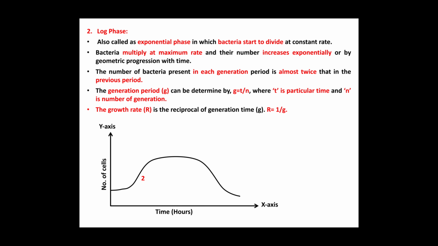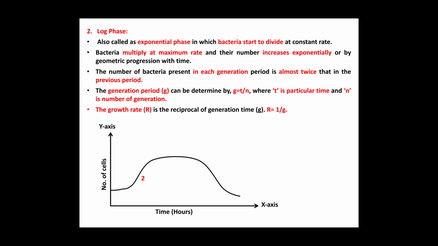The next phase is the log phase. The log phase is also called the exponential phase, in which bacteria start to divide. Now the lag phase is over and the log phase has started. Bacteria multiply at maximum rate and their number increases exponentially, or by geometric progression, with time. The number of bacteria present in each generation period is almost twice that in the previous period.